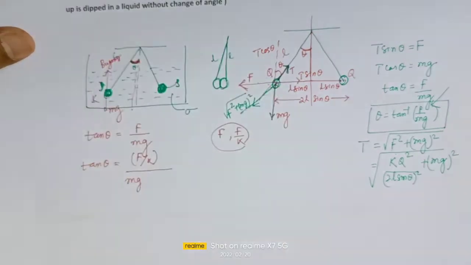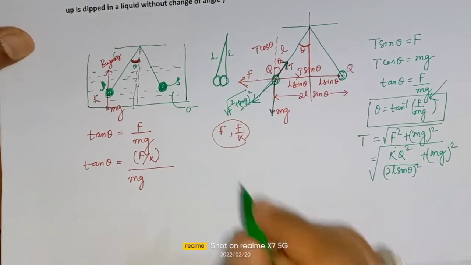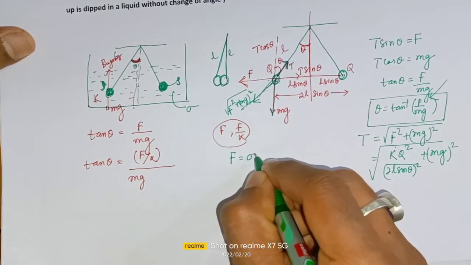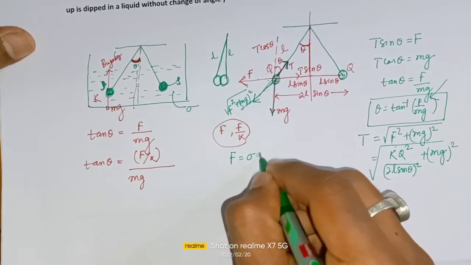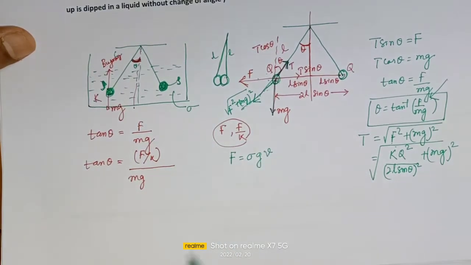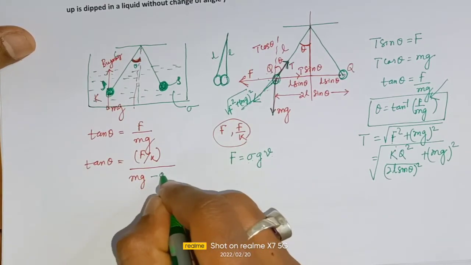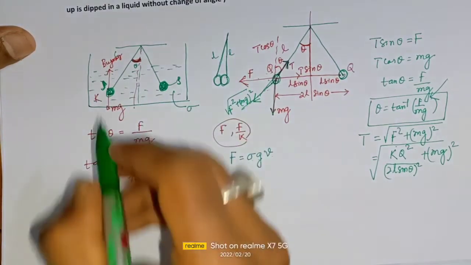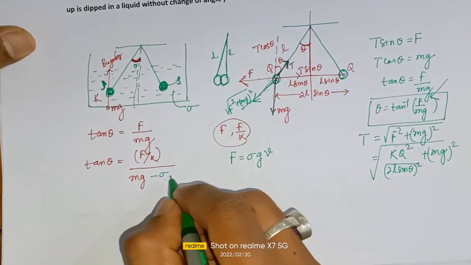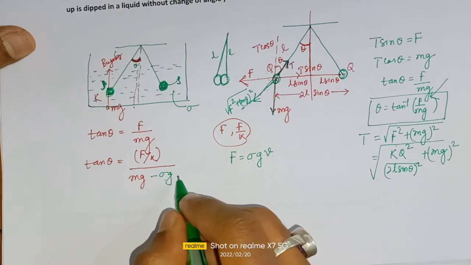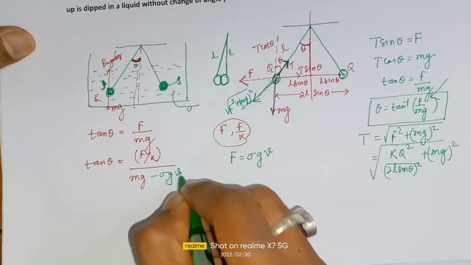What is the expression of the buoyancy force? That is sigma GV. Sigma is the density of the medium where you dipped, the liquid medium. G is the acceleration due to gravity. V is the volume of the liquid displaced.